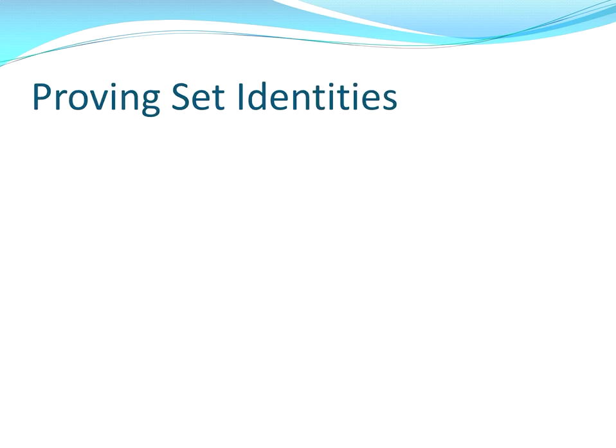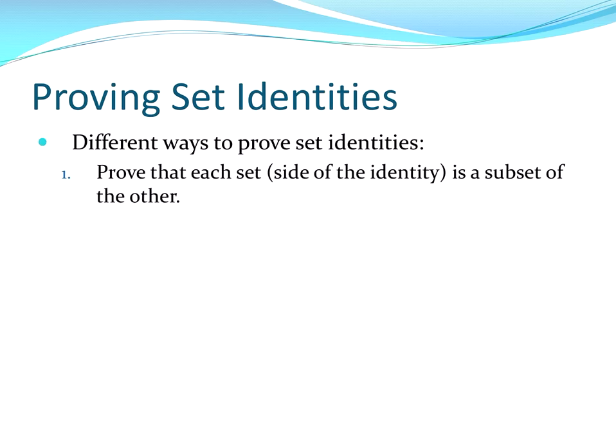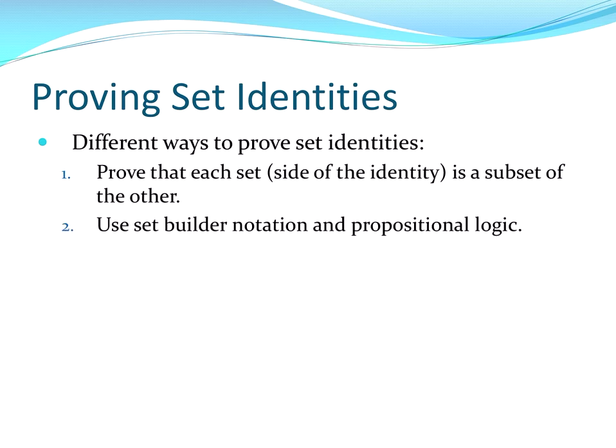All right, how do we prove these? Well, we proved them in propositional logic using a truth table, and also in Boolean algebra using a Boolean table. We'll see there's a similar approach as well, but there are other approaches too, using what we know from set properties. Okay, since these are sets on either side of the equal sign, we can use the rule that to show that two sets are equal, show that each is a subset of the other. We could use set builder notation in propositional logic.